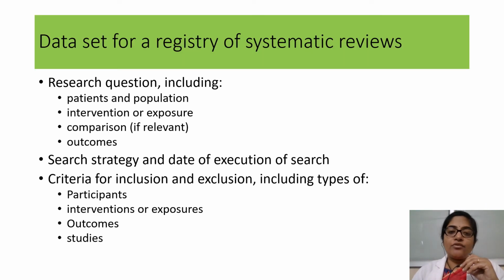Now, the data set for a registry of systematic reviews includes a research question, which includes patients and population, intervention, comparison and outcome, that is our PICO, a search strategy and date of execution of search, and criteria for inclusion and exclusion, including types of participants, interventions, outcomes and studies.